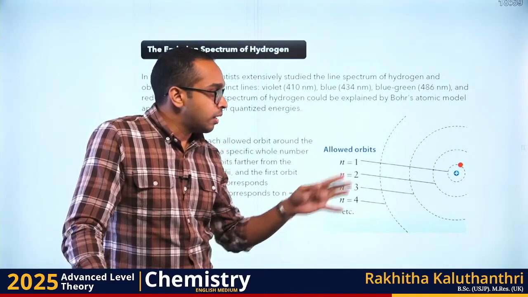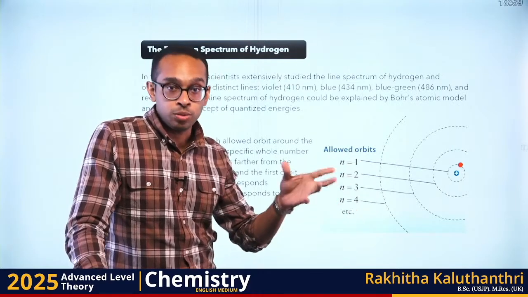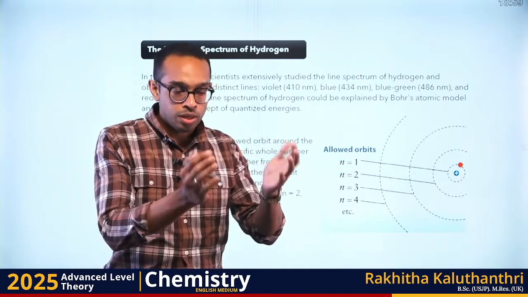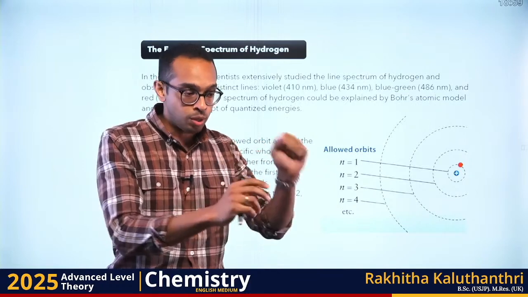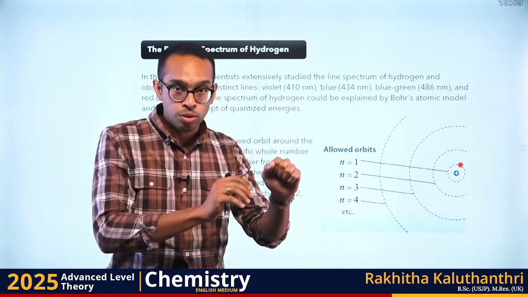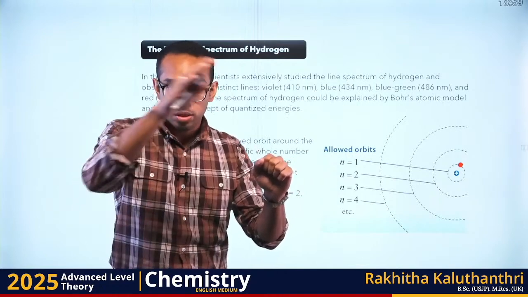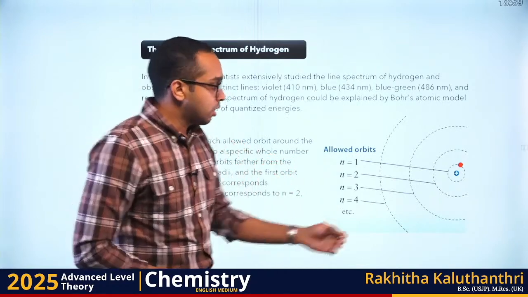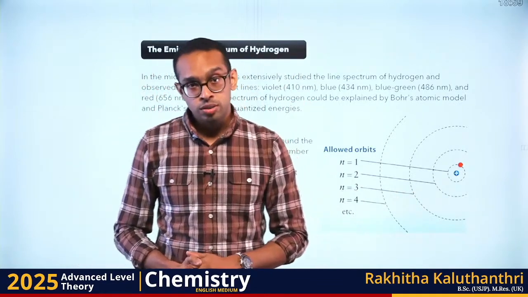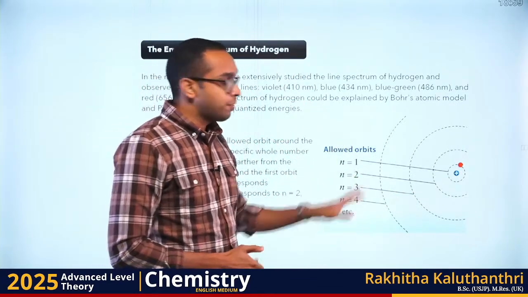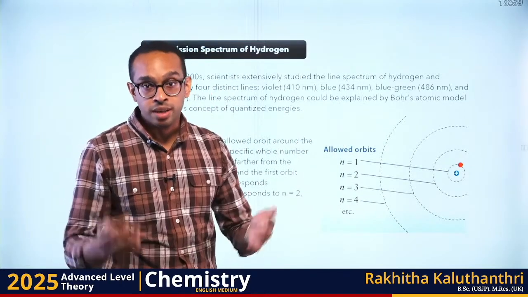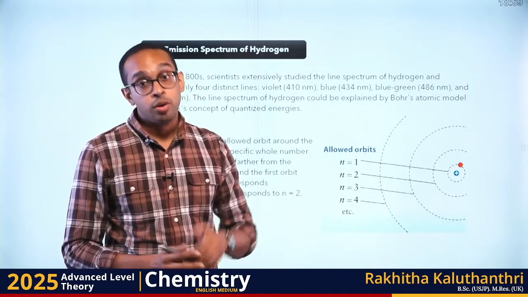So around the nucleus of each atom, electrons are arranged only in these allowed orbits. If you have the nucleus, there's going to be the first allowed orbit close to the nucleus, and then a little bit further away from the nucleus there's going to be another allowed orbit, like we can see over here in this image.